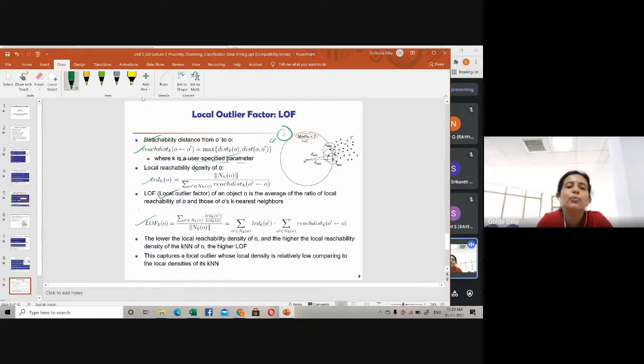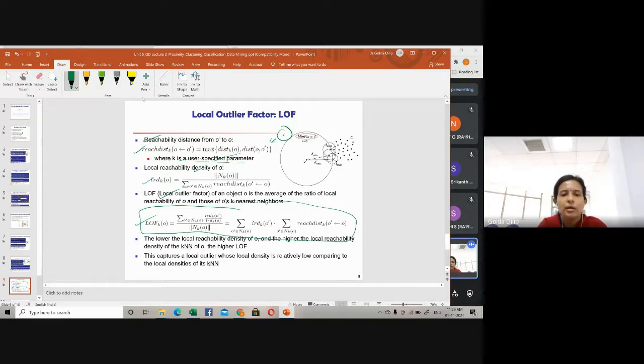Instead, we compute what is called the local outlier factor, and then compare it with that of its neighbors to understand the degree to which the particular object is considered an outlier.